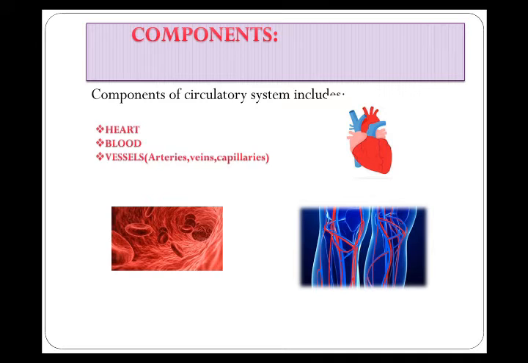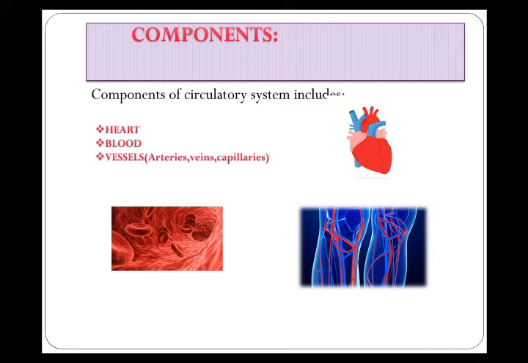Whenever there is any injury, the blood gets clot because of the platelets. Along with these cells, blood has certain functions like it helps in the transportation of oxygen and carbon dioxide from one place to another, like from lungs to cells of the body and from cells of the body to the lungs.